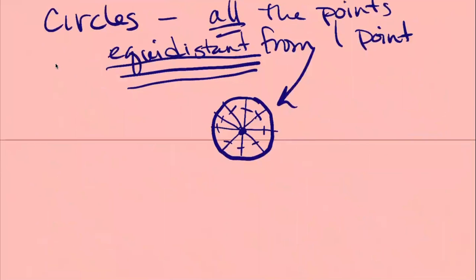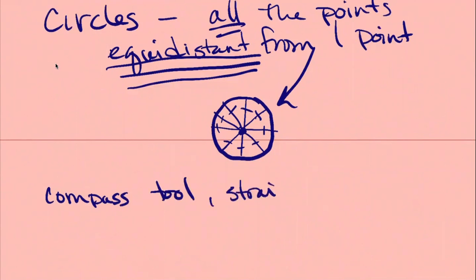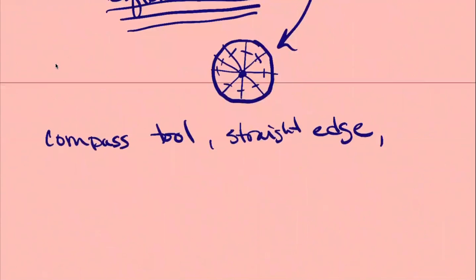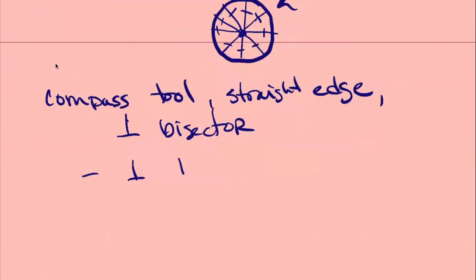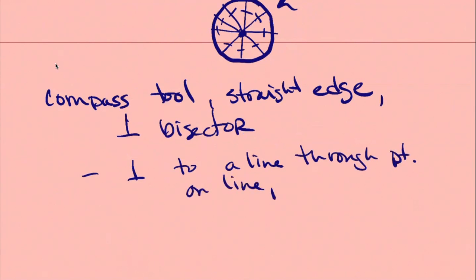And then we used the compass tool and the straight edge and that idea of the perpendicular bisector to construct a perpendicular to a line through a point on the line, off the line, and we use that idea to bisect an angle, right?